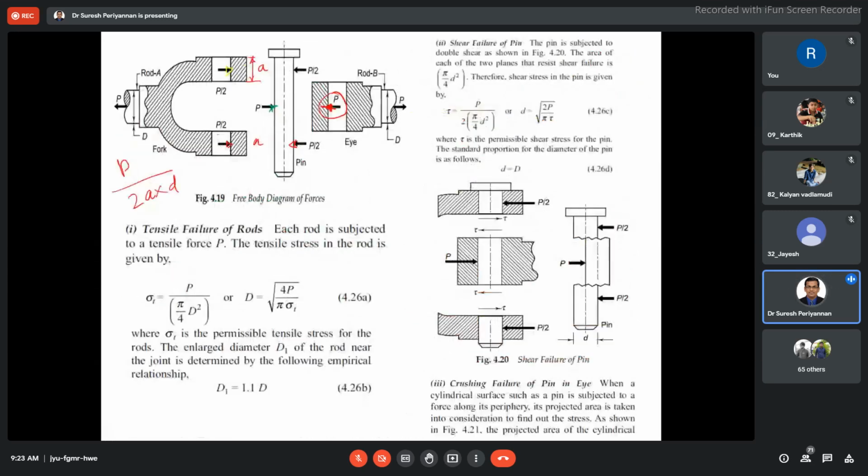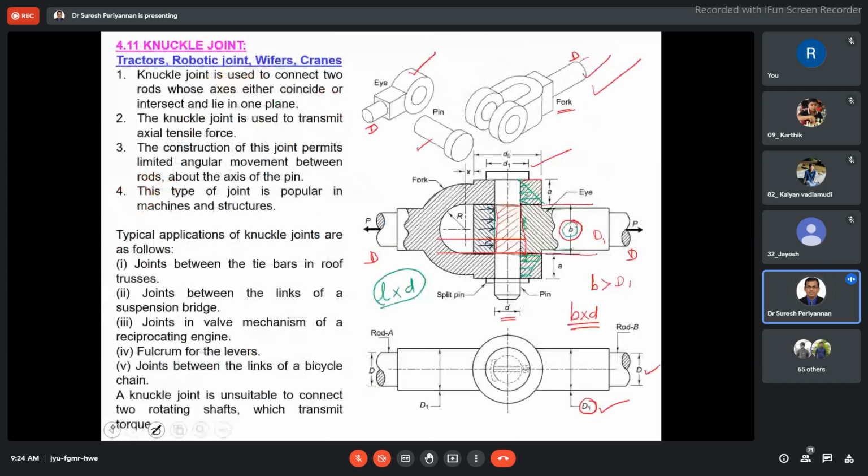D naught here, this is a region, no? This is the pin diameter D, and this is our upper portion, D naught.